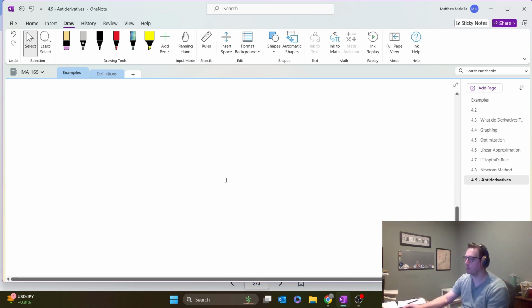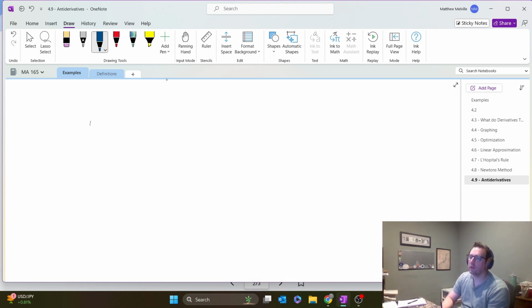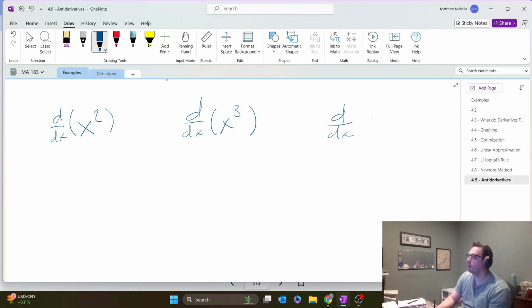And then if we look at this right here, I know some of you are going to pause it back there. You shouldn't. I want to know the antiderivative of, well, first we're going to do the derivatives of all these. x squared, the derivative of x cubed, the derivative of x to the 10th.